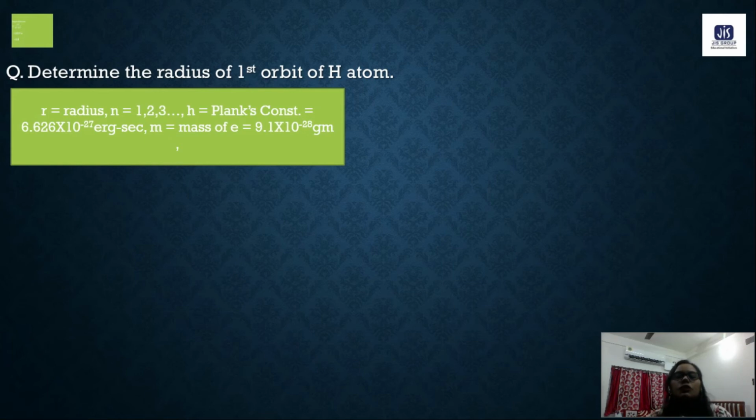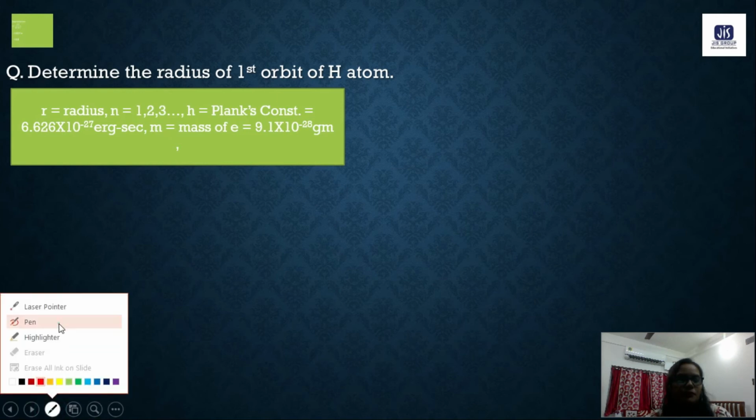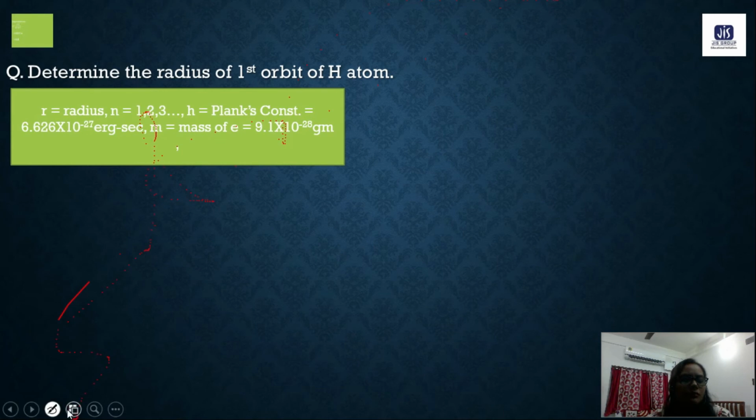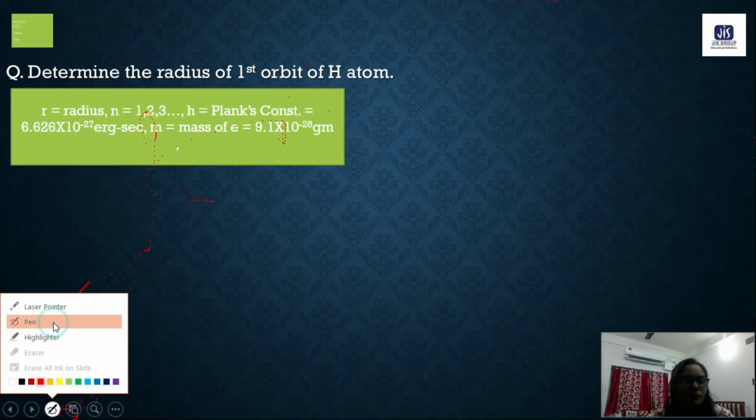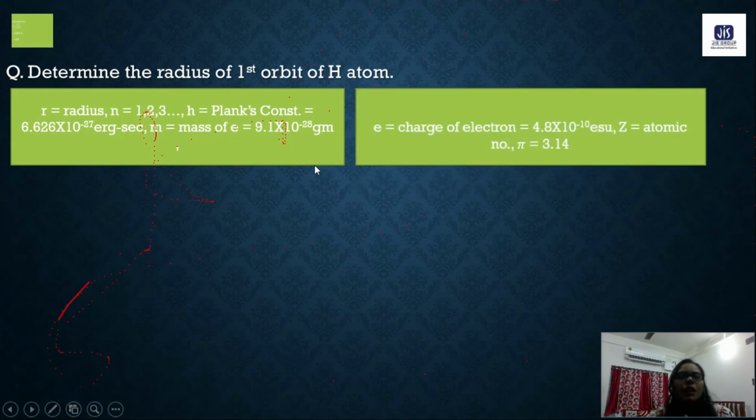Now look, R is the radius, n can be 1, 2, 3, h is the Planck constant, that is 6.626 into 10 to the power minus 27 erg second. m is the mass of the electron, which is 9.1 into 10 to the power minus 28 gram. e is the charge of the electron, that is 4.8 into 10 to the power minus 10 ESU.